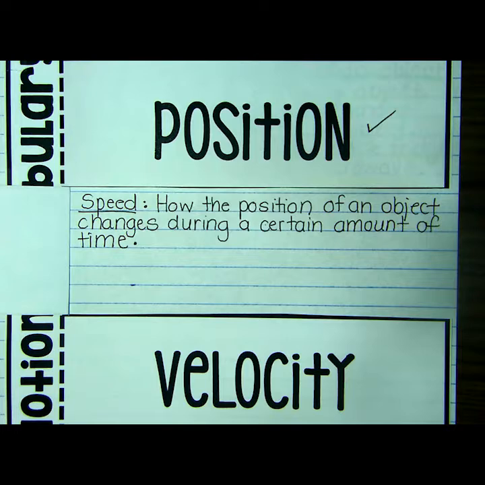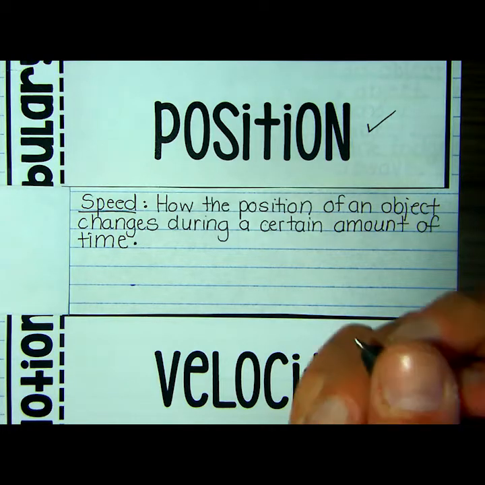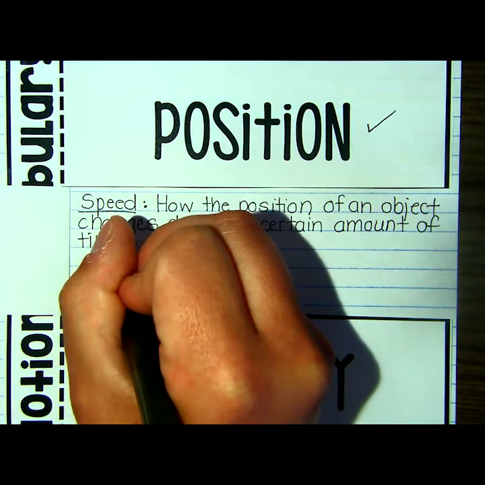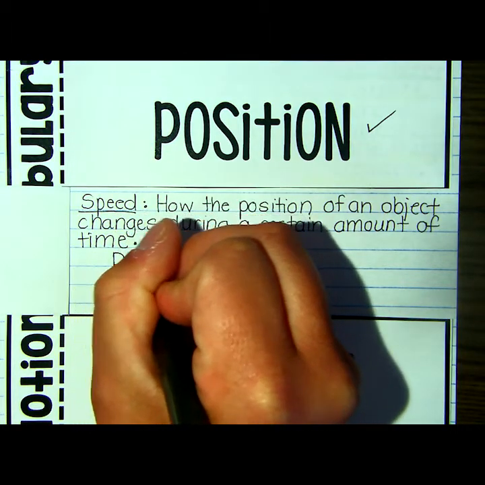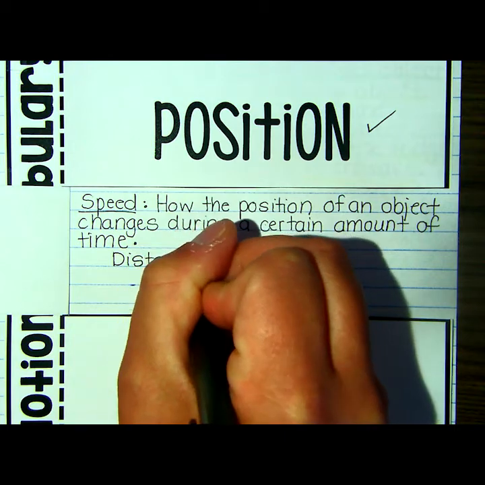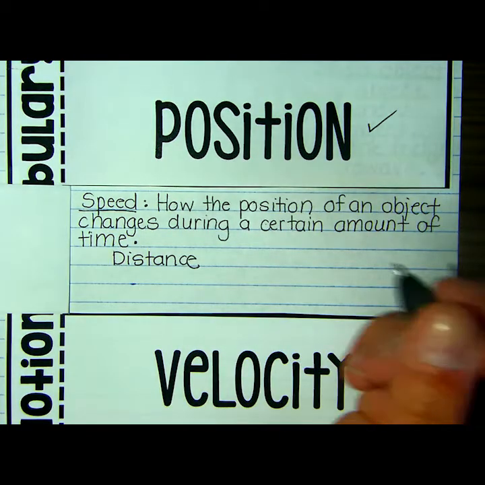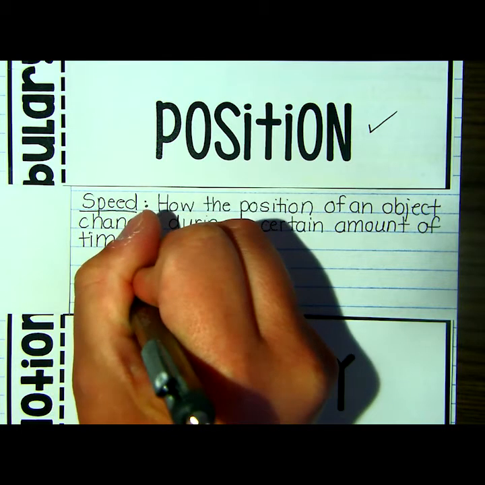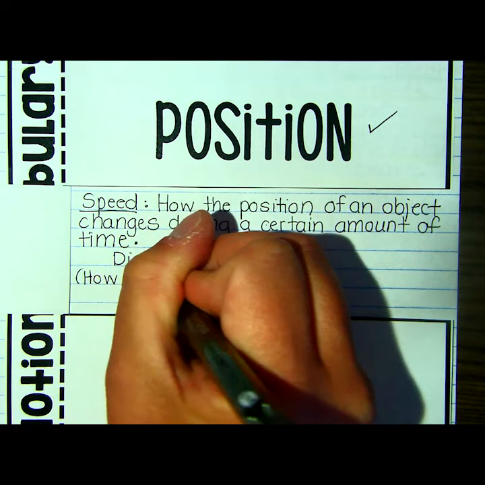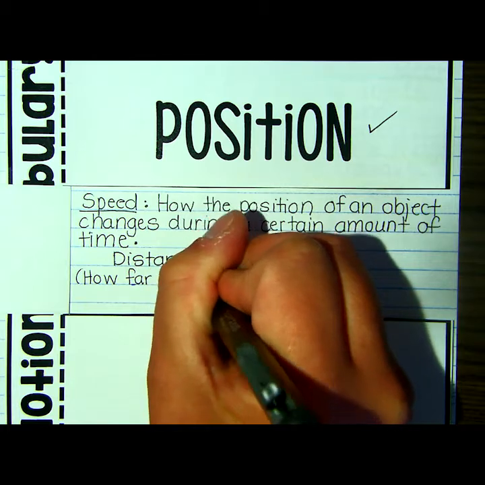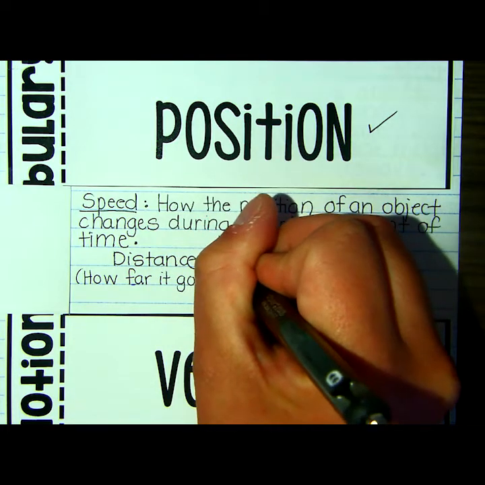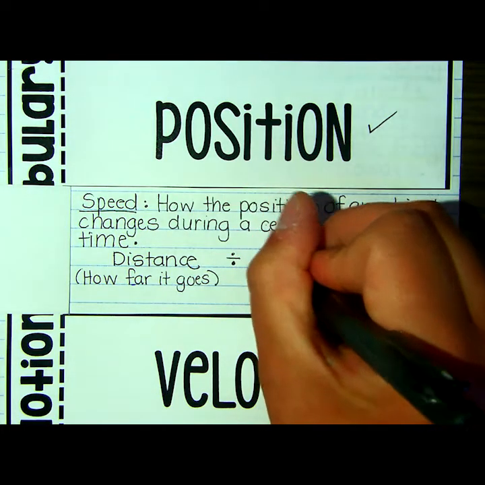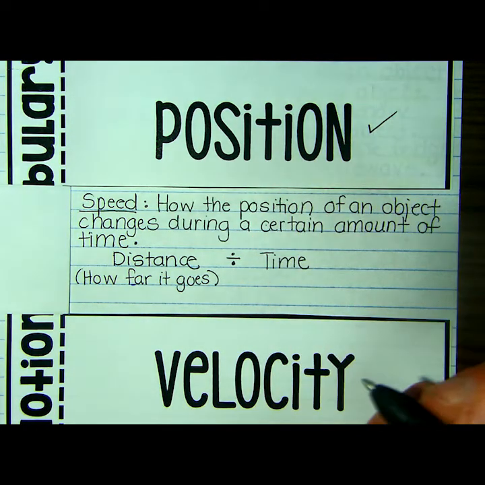They even gave you a formula, so we're going to try to simplify that. The formula that we use to determine speed is distance, meaning how far it goes, and we're going to divide that by time, how long it takes to get there.